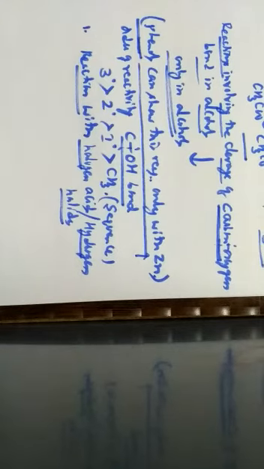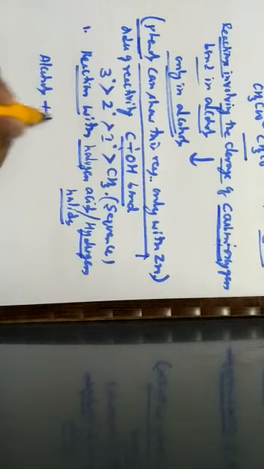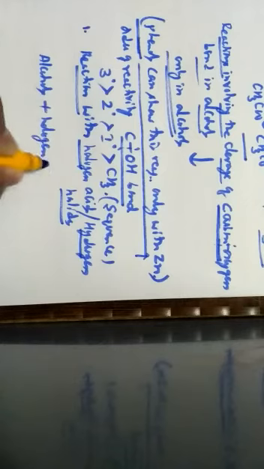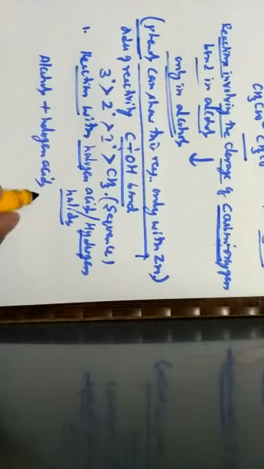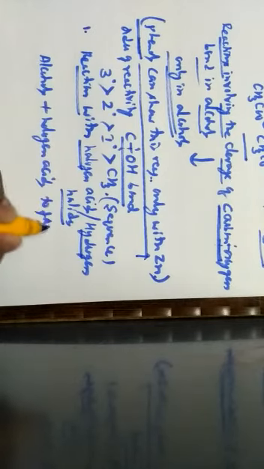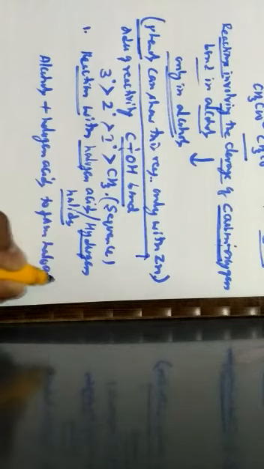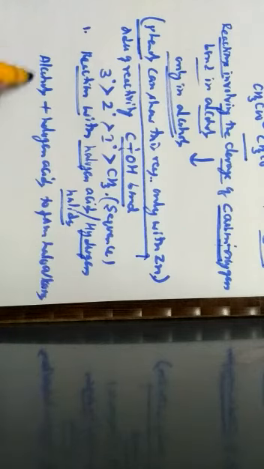Here when we consider the reaction of alcohols, all these alcohols can react with halogen acids to form haloalkanes. Any particular alcohol, when made to react with a halogen acid, can readily form haloalkanes or alkyl halides as the major product.